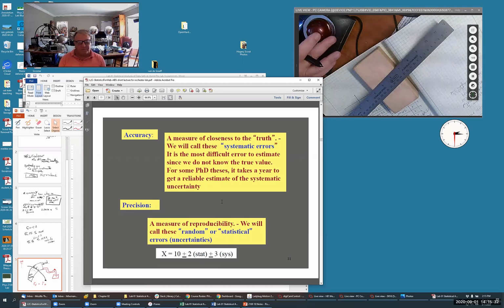I see what it means. You're telling people that if you do the experiment your way, you're always going to get 10 plus or minus 2 plus or minus 3 every time. So you're telling people how careful you were. Another way to state what I wrote earlier.